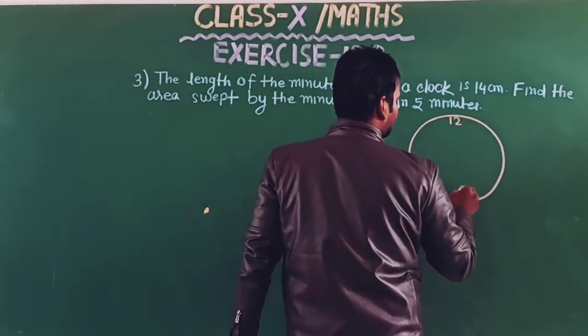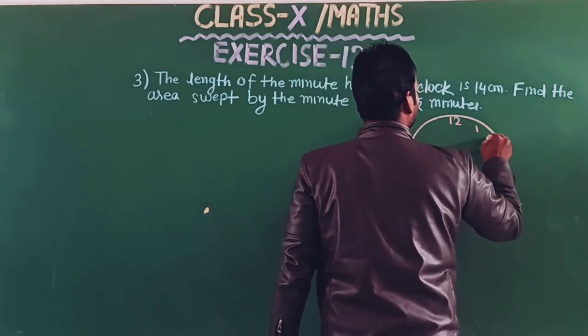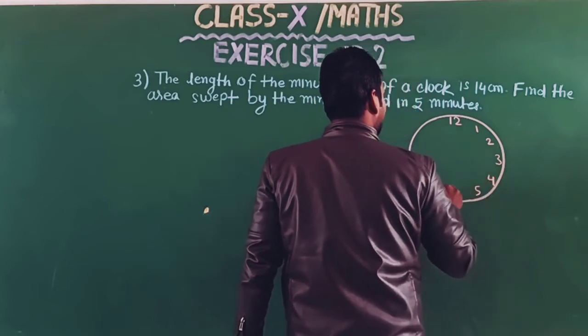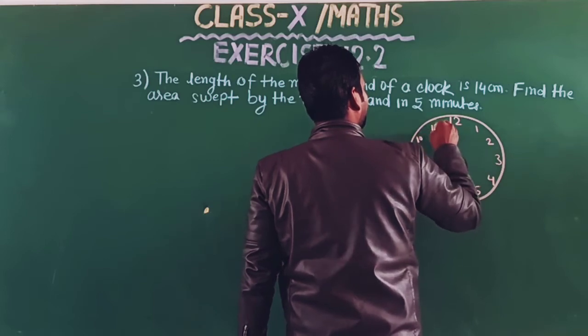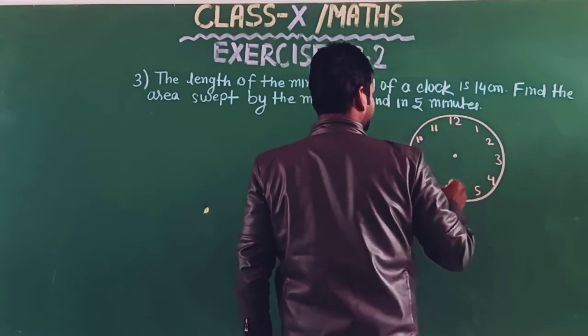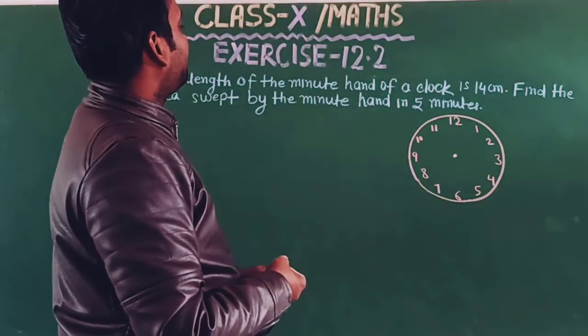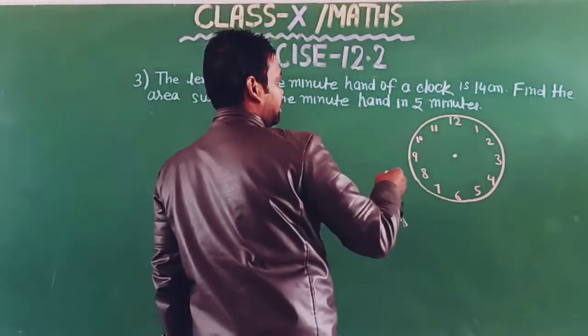12, 3, 6, 9 and the other numbers around the clock. So we are given the length of the minute hand, which is equal to 40 centimeter.